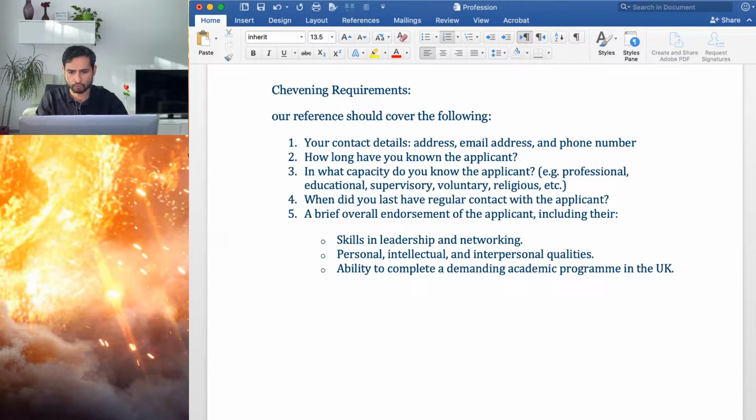A brief overall endorsement of the applicant, including their skills in leadership and networking, personal, intellectual, and interpersonal qualities, and ability to complete a demanding academic program in the UK. So overall, these are the requirements requested by the Chevening Secretariat in order to write a reference letter for the applicants.